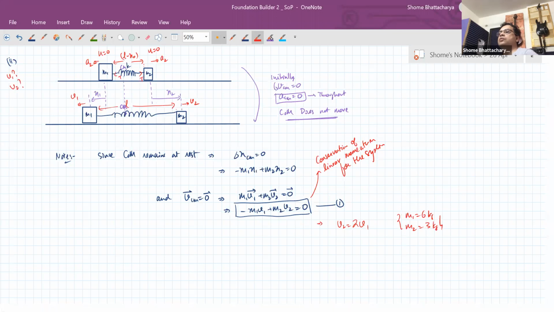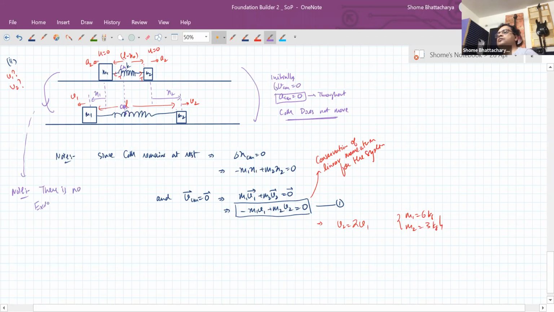Where will that other equation come from? As the system is moving from here to here, note another thing that is happening: there is no external force or non-conservative force doing work.